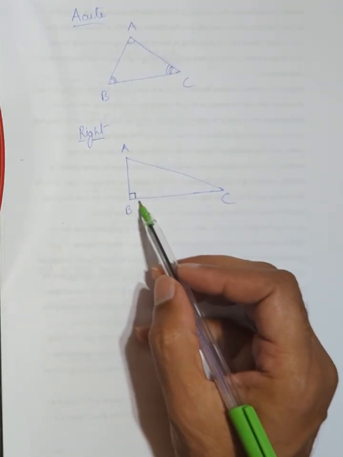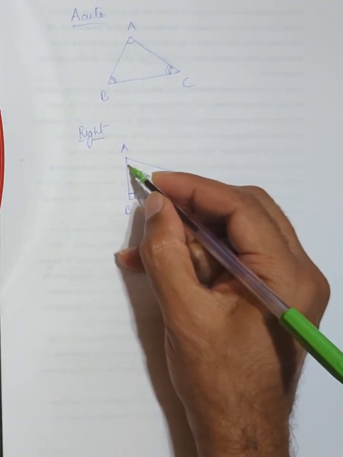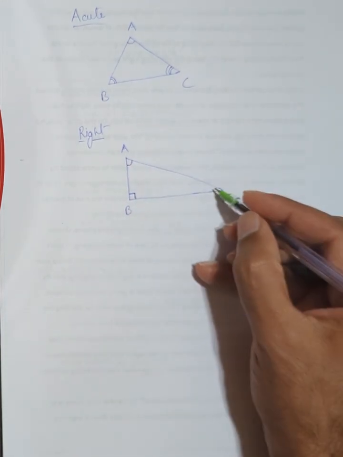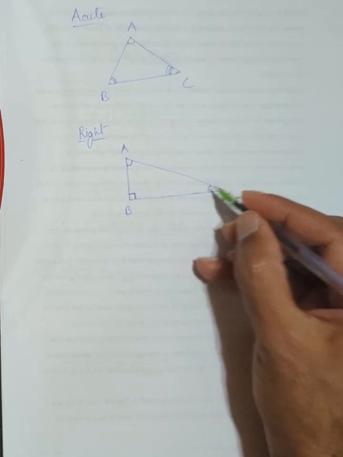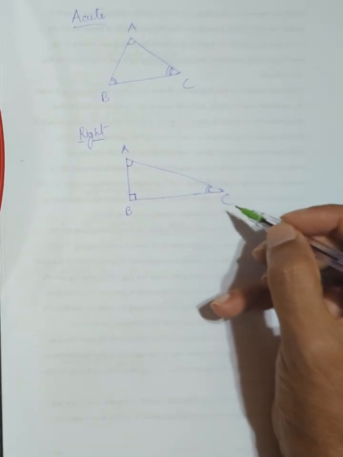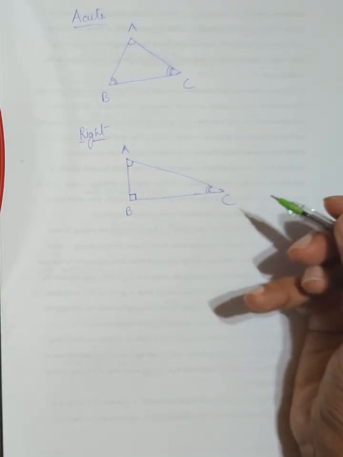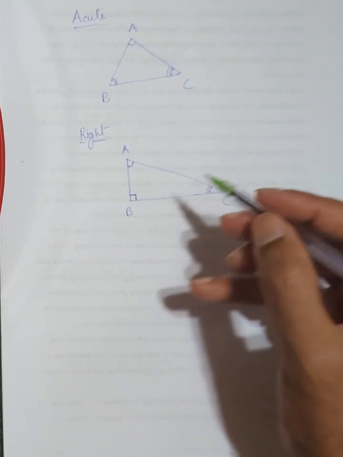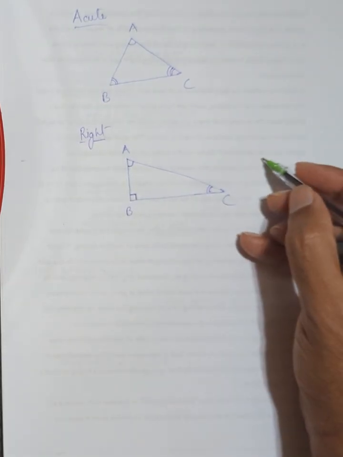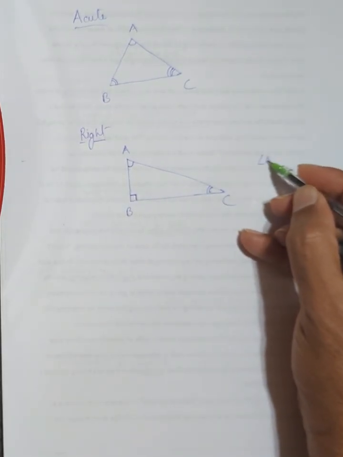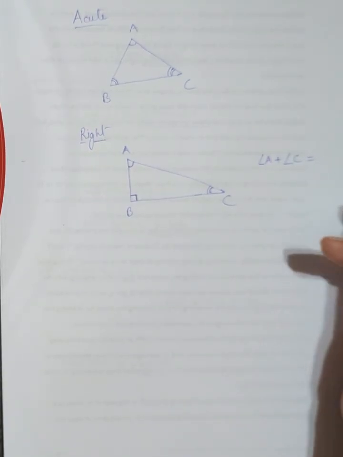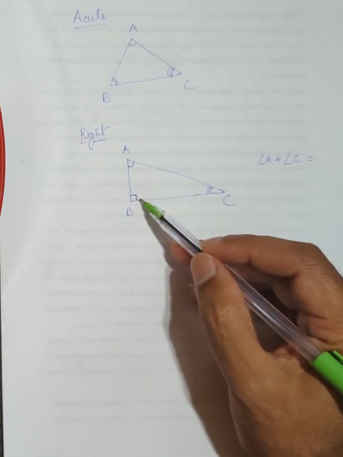So if you have a right angle, then what can you say about angles A and C? What should they add up to? So I'm using a different number of arcs to denote A and C, but if B is already 90 and all three add up to 180, then your angle A and angle C should also add up to, well, what is 180 minus 90?